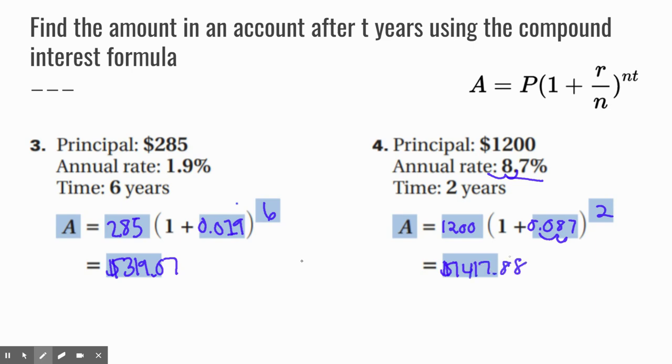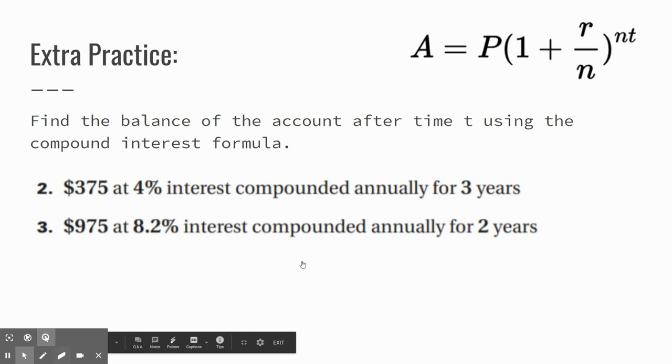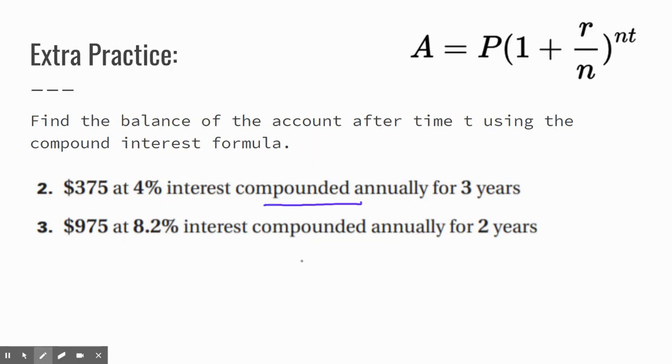Perfect. Nicole, do you agree with him? Yes. I just told you who's right. All right. So is everyone okay with plugging this in? Yep. Yes. All right, you guys are going to do 2 more. For these ones, it's compounded annually, so you don't have to worry about these Ns. Go ahead and find the balance for number 2, and then find the balance for number 3.